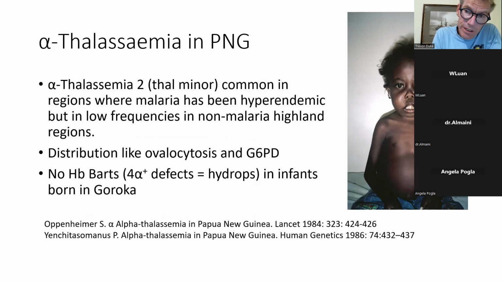Its distribution is a bit like G6PD deficiency, again, where malaria is common. And I won't go into this, but in the highlands of Papua New Guinea, there's been studies done that look for severe alpha thalassemia, and it's extremely rare in the highlands, and that makes sense because there's much less malaria there.